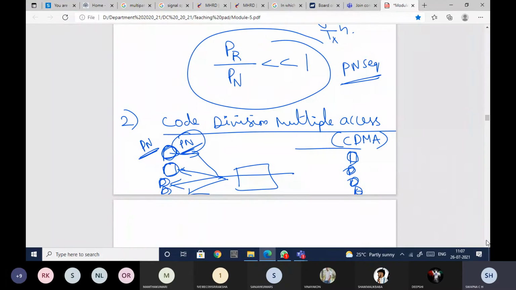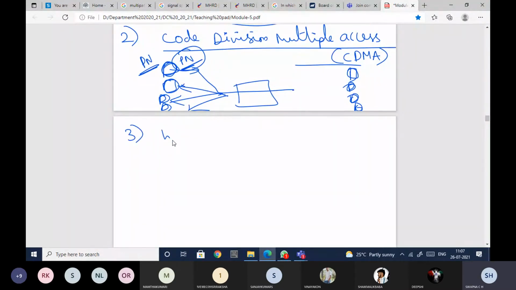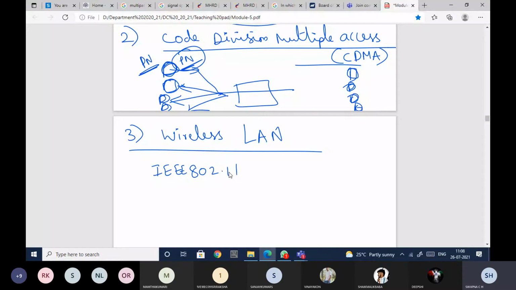Then comes wireless LAN, local area network. This is mainly employed in the IEEE 802.11 standard, and is used in mobile phones. Since we are using a PN sequence, direct sequence spectrum will prevent anybody from listening to the data, which is called eavesdropping.